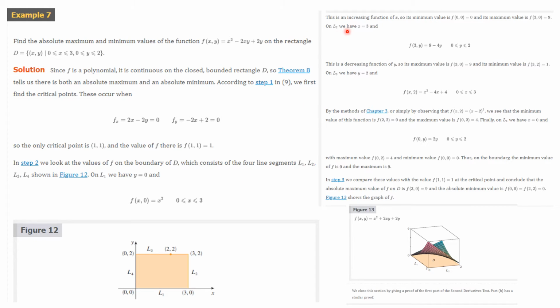What we realize is this is an increasing function of x, so its minimum is when we're at 0, the lowest value within that interval. And so the minimum value is f(0, 0), which is 0, and its maximum value is f(3, 0), which is 9.